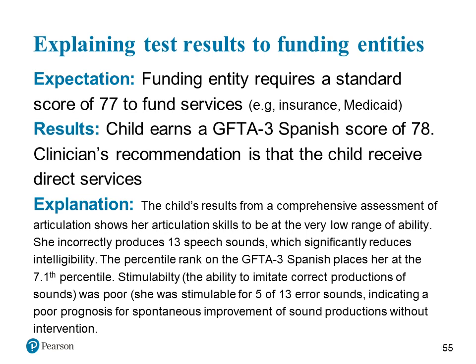Certain funding entities will accept only a single score from a standardized test without reporting the confidence interval or other assessment data. Individual funding entities set criteria for eligibility of services that they will be funding. Test scores are not set to yield scores of average or 77 and below, so you will not always be able to obtain a score that meets the criterion of the funding entity.